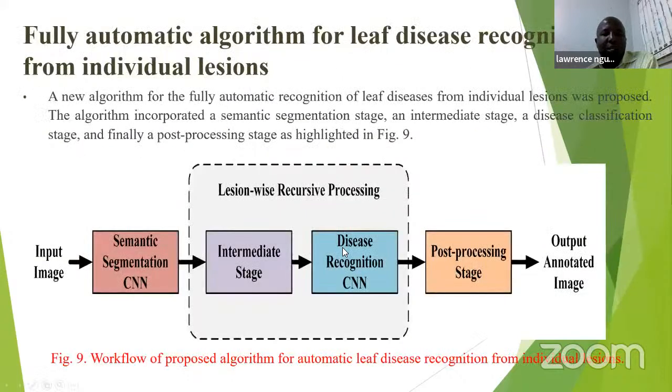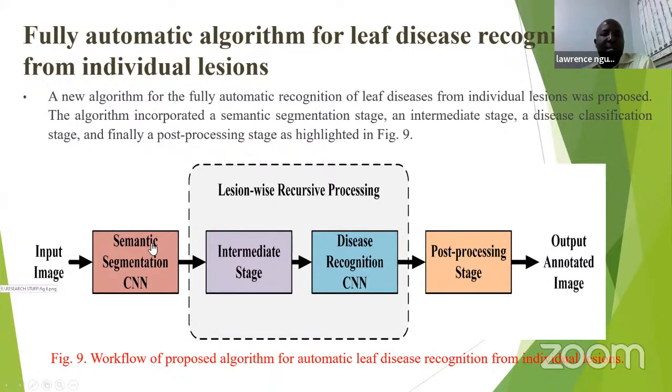Finally, we combined two networks to be able to classify the individual lesions. First, we take the input image and segment it into three categories: background, healthy leaf tissue, and infected tissue.